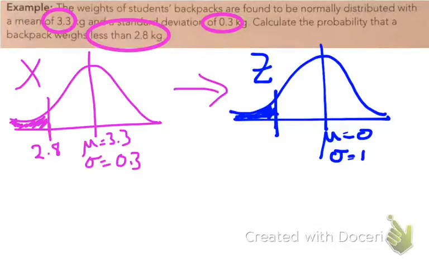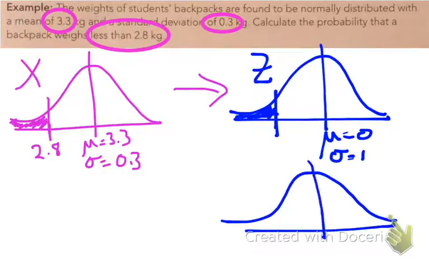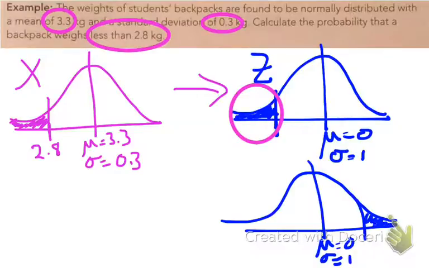When we come to use our probability tables, we've still got our mean of 0 and our standard deviation of 1, but the tail area on the left is the exact same size as the equivalent tail above the mean. Those two tails that are circled will be the same size as long as we've got exactly the same z value, just one negative and one positive.